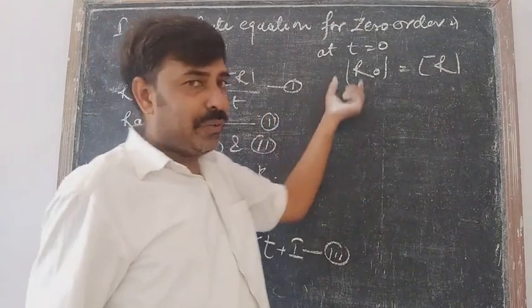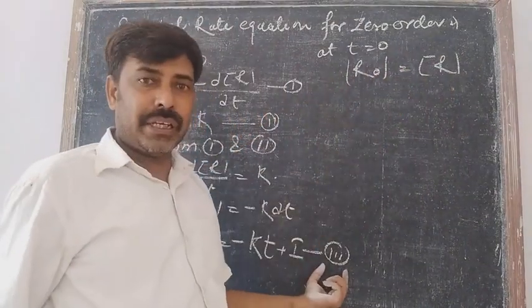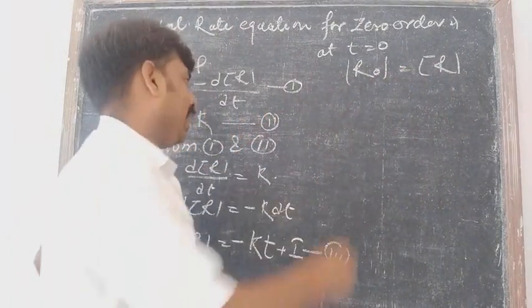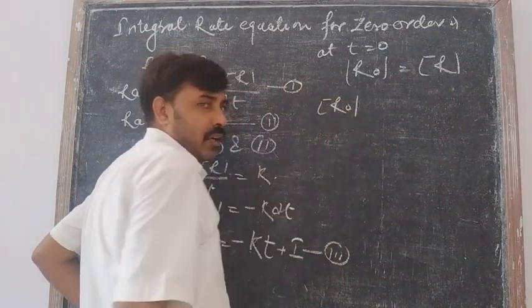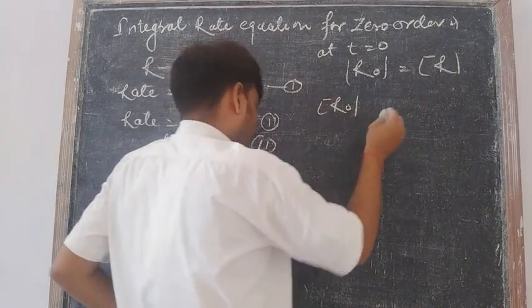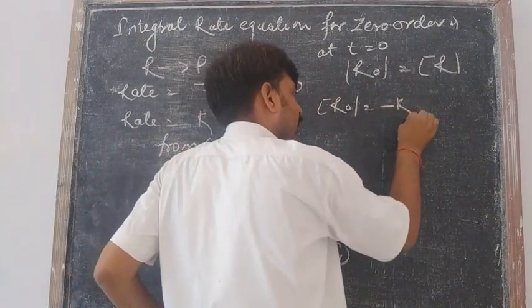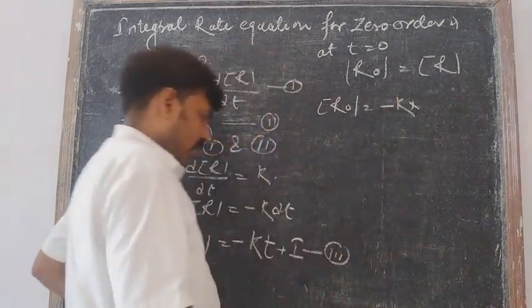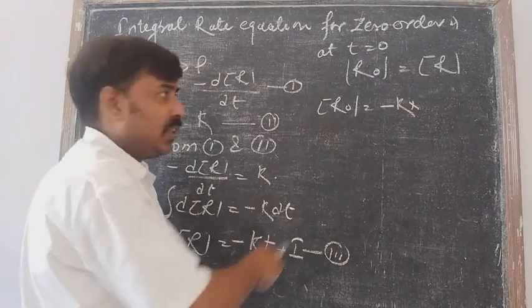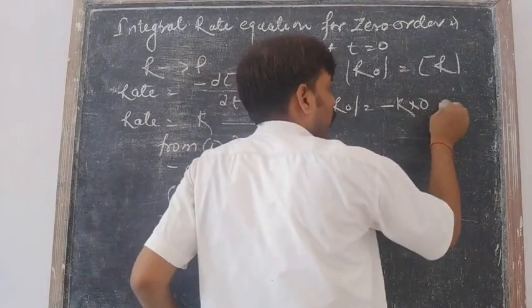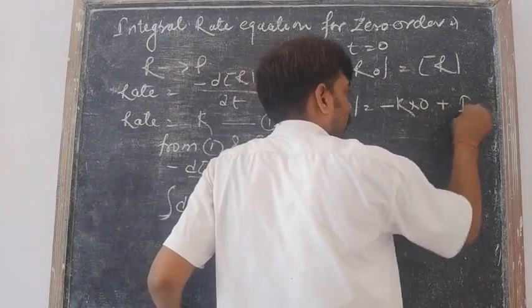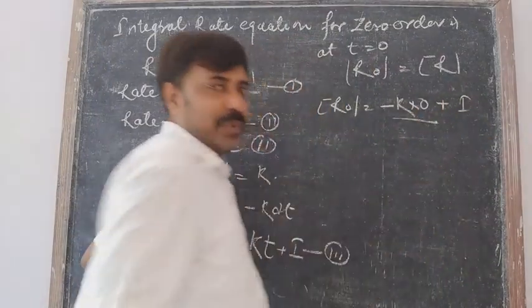And when we put this value in equation number 3, what will we get? We will get concentration R, which is equal to R naught, equals minus k into t. Here the time is taken as 0, so k into 0 plus I. This value will be 0.